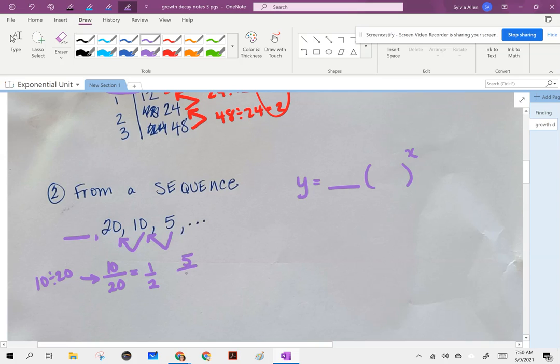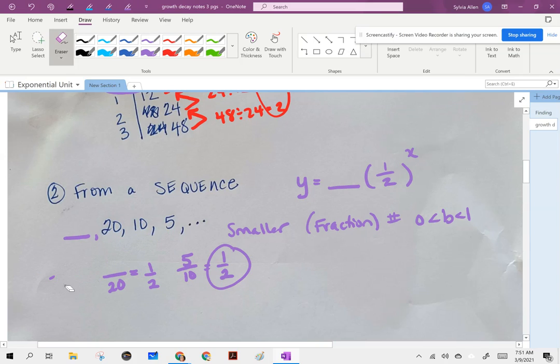So 5 divided by 10, oh, that's also 1/2. So what I'm really multiplying by, notice that the numbers are getting smaller. So if they're getting smaller, I'm going to have a fraction, a number between 0 and 1. So I'm good to go with that.